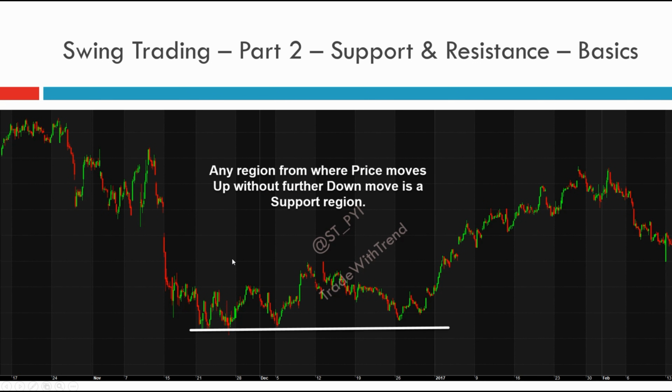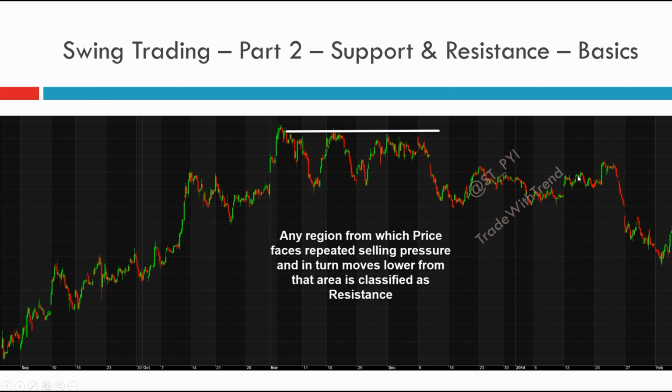In the previous chart, price probed this region many times and the price moved up, right? So the mistake that traders make is that they get too focused on one particular level. Hypothetically, let's assume this is 200. Traders tend to get into a habit of saying that 200 is the resistance level.